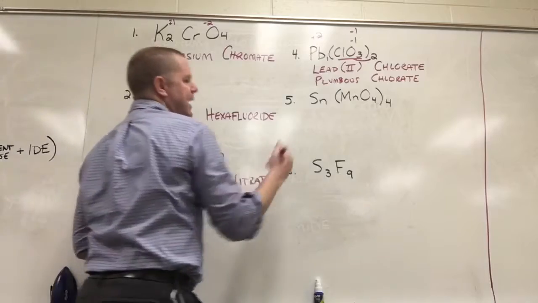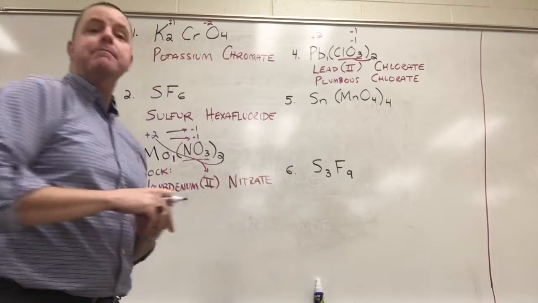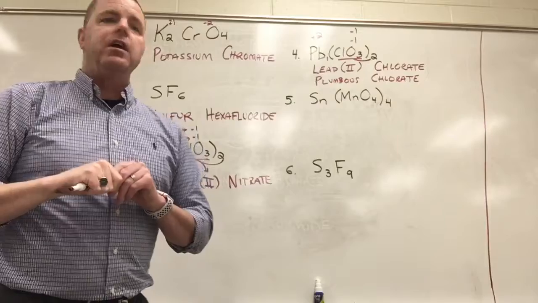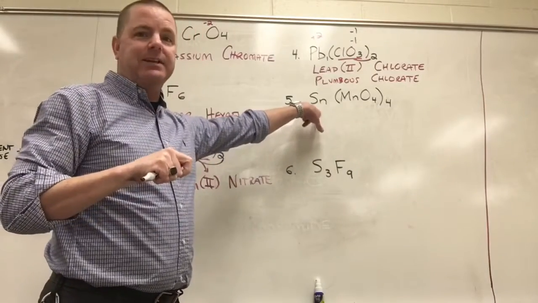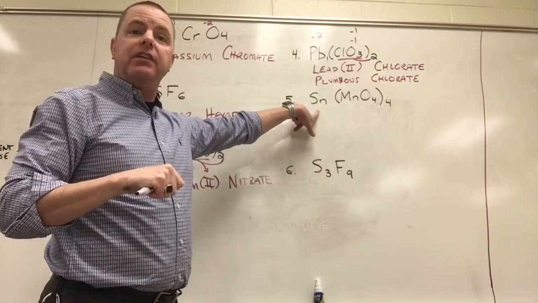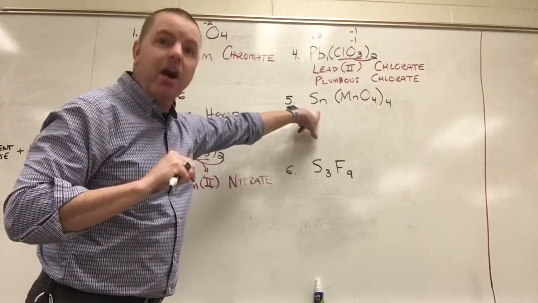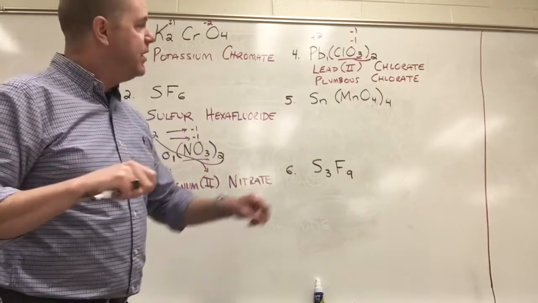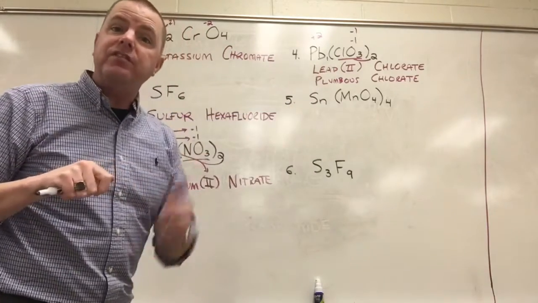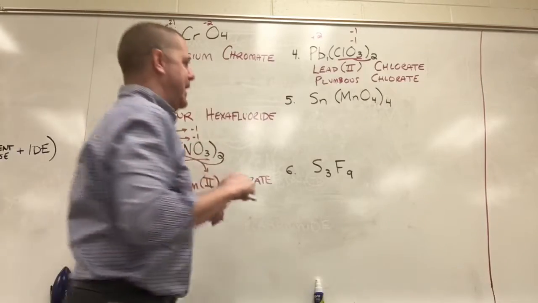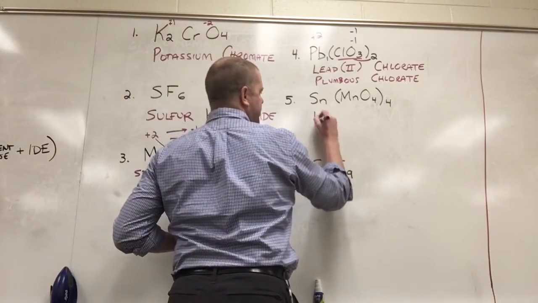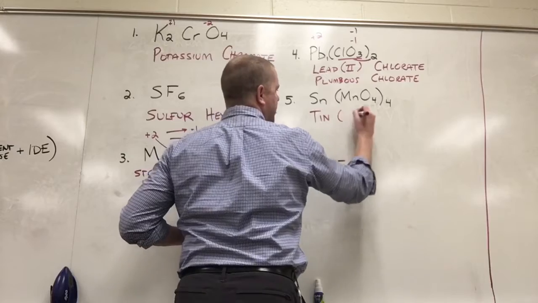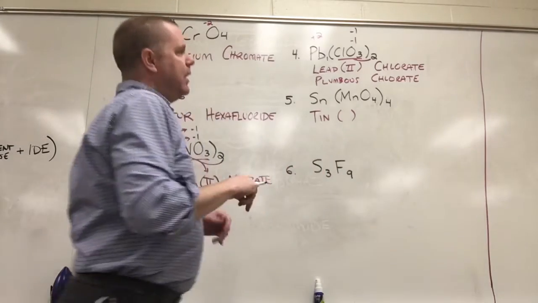For number 5, okay, Sn, does it contain a metal? Yes, it does. Sn is a metal, it's tin, okay? Is tin a transition metal? We just said tin and lead are honorary transition metals. So the answer actually is yes. We have to give a stock name and maybe a common name. And so we write out its name, which is tin. We put a parentheses right here.